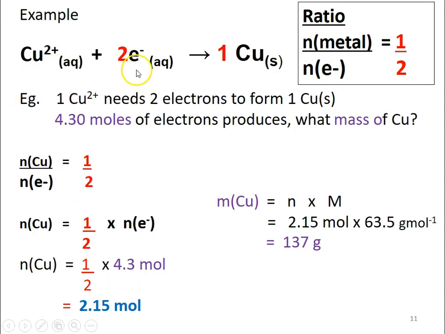So to show you how knowing the moles of electrons helps, instead of relating the number of moles of copper that you would have deposited stoichiometrically to the number of moles of zinc, you're using your half equation to look at how many moles of copper you would have compared to the number of moles of electrons.